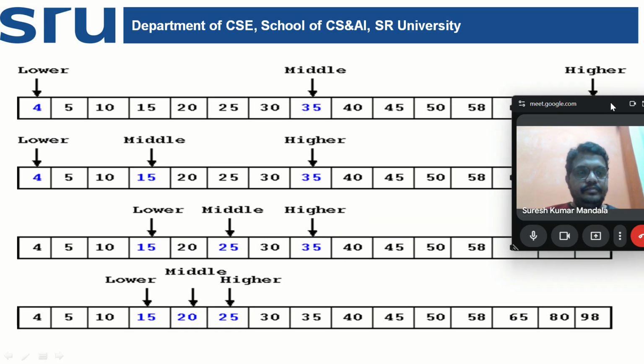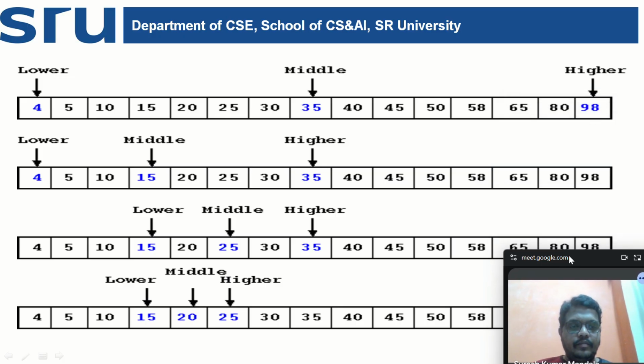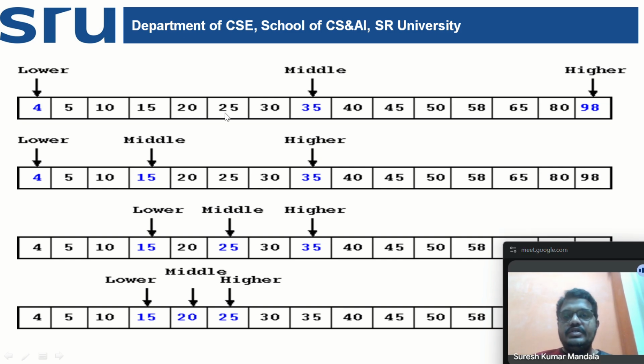See this example. We have three variables in this program to understand the binary search algorithm. One is the low variable, the second is the middle variable, and the third is the high variable. For what purpose are we using these variables?